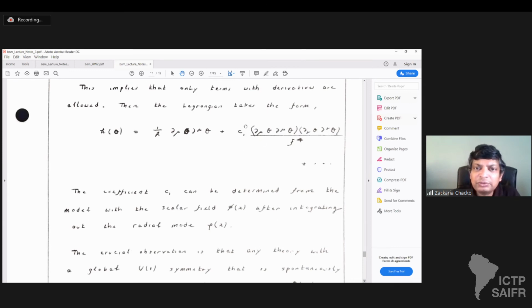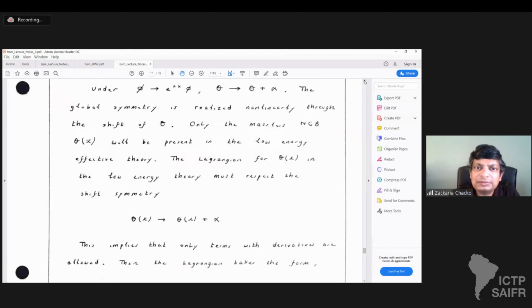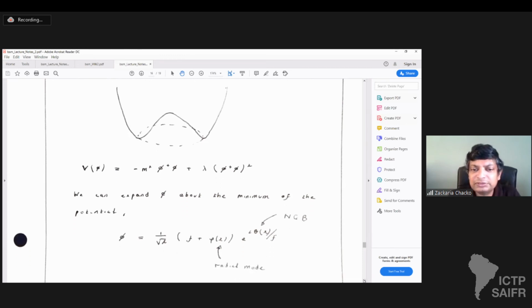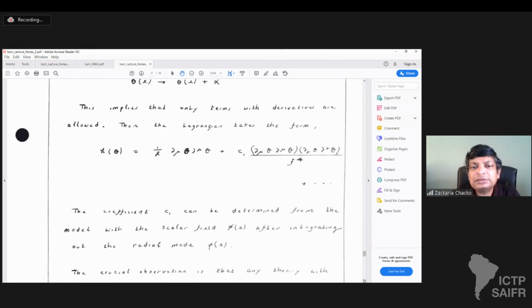Now there is an unknown coefficient C1 here, and in principle we can determine what C1 is, because we have the full theory here, and so we could integrate out this radial mode and determine the coefficient C1.